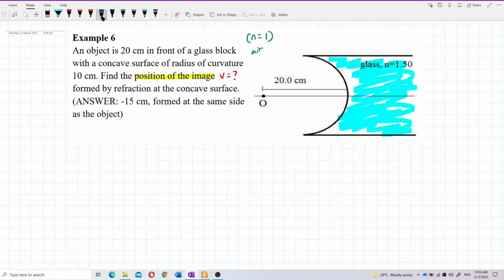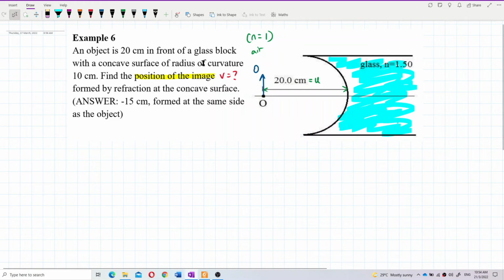We have an object over here, and this is the object distance, from object to the surface. This one should be the u, the object distance, from here to here. And this is a concave surface to the object.